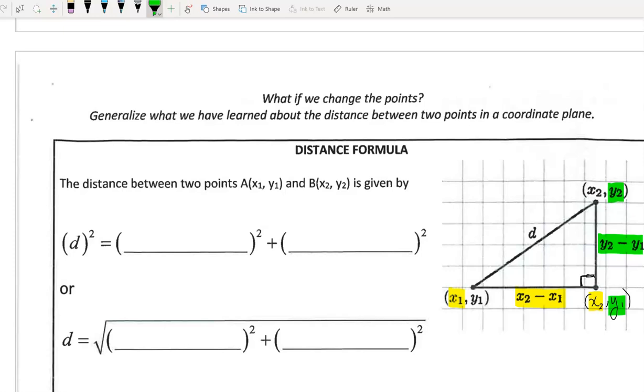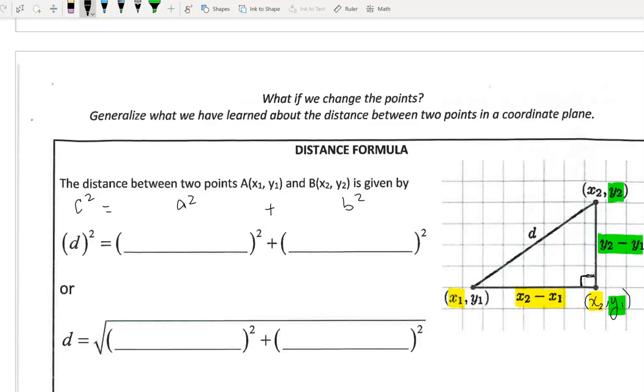So we have our A and our B from the Pythagorean theorem. So again, this would be c squared is equal to a squared plus b squared. Okay, and it really doesn't matter which one we let be a and b. I'm just going to have the horizontal section be our a.